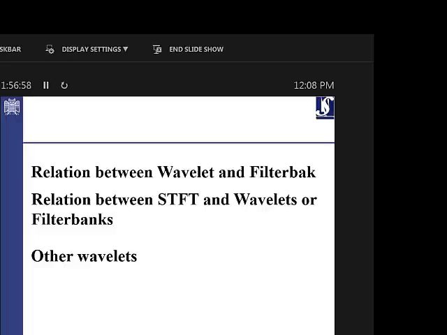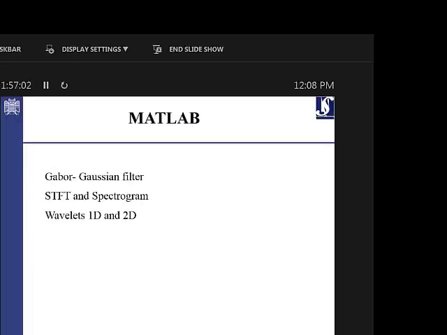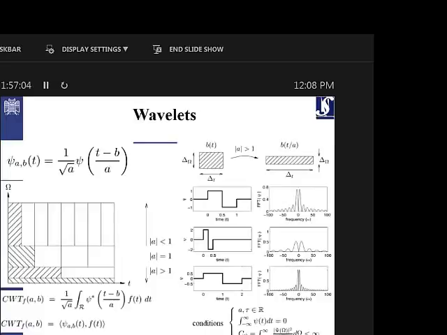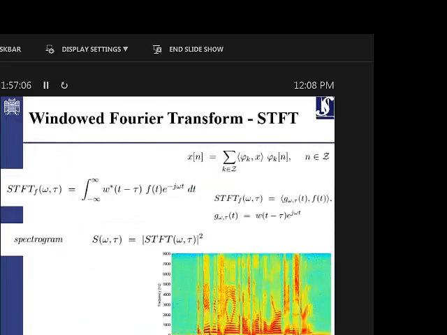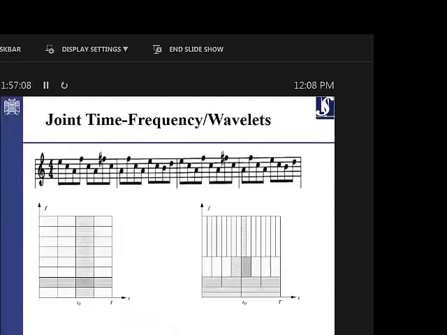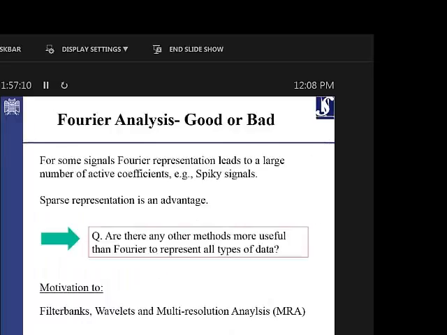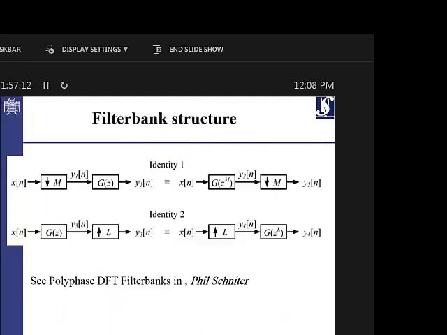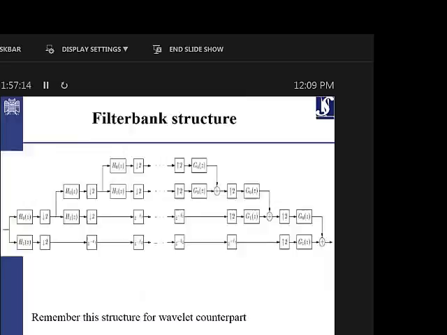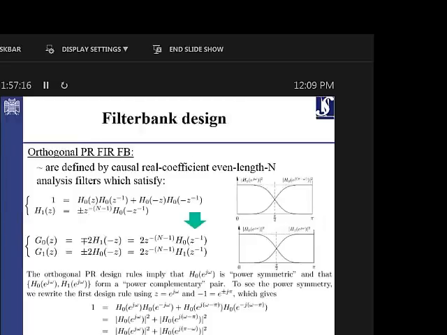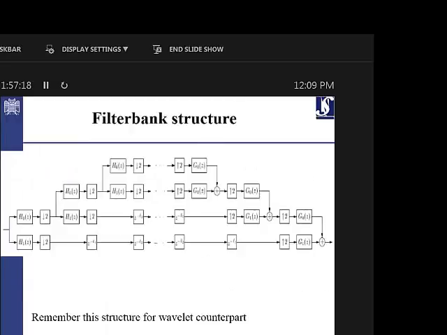So in the same way, the structure that we had for the filter bank also holds here for the wavelets.